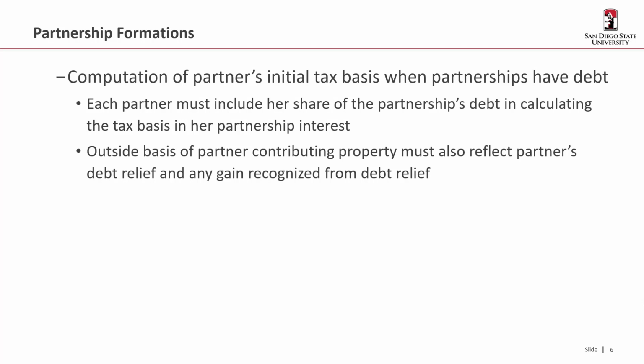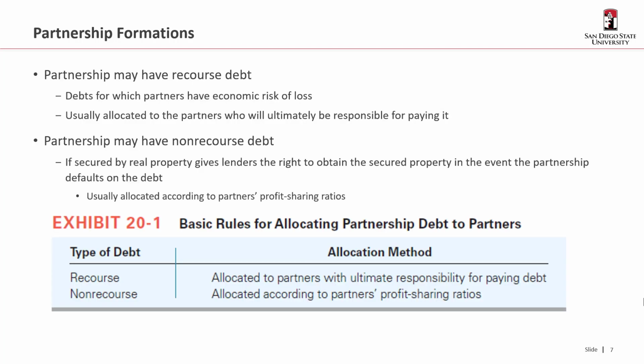If the partnership has debt, then the computation of the partner's initial tax basis can change a little bit. Each partner needs to include his or her share of partnership debt in calculating basis, and you'll recall we covered this back in Chapter 7 just briefly. And the outside basis of a partner contributing property must also reflect the partner's debt relief and any gain that might be recognized from debt relief. A partnership can have recourse debt or non-recourse debt.